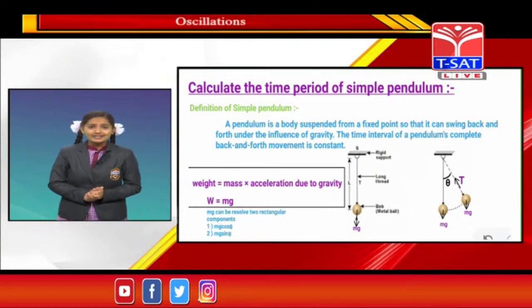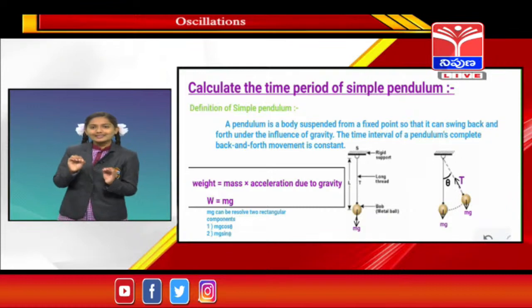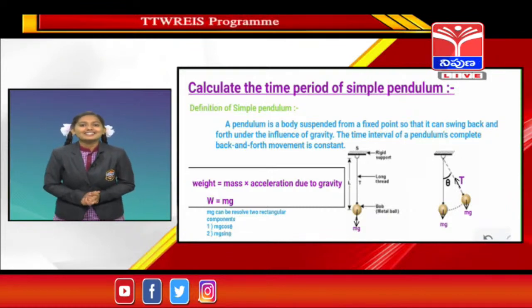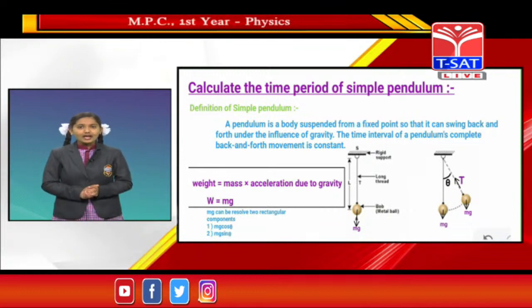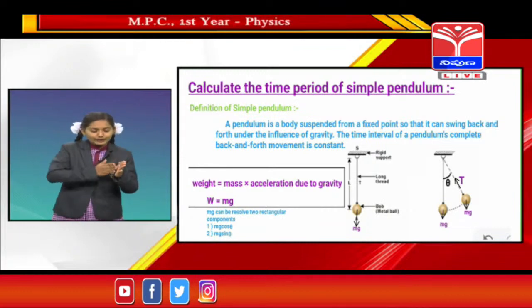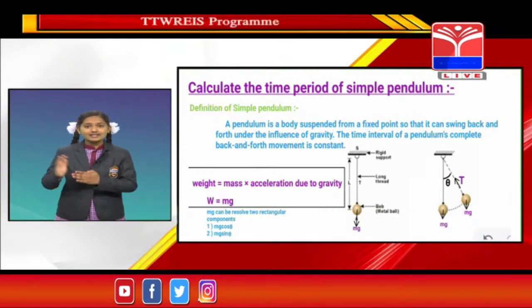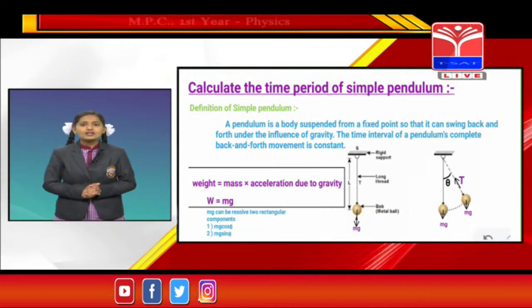Now, the bob at rest position, when we apply a little bit of force on it, is displaced with angular displacement, and as the object moves from the mean to the extreme position, it covers some distance and forms an arc. Usually we call the arc x.